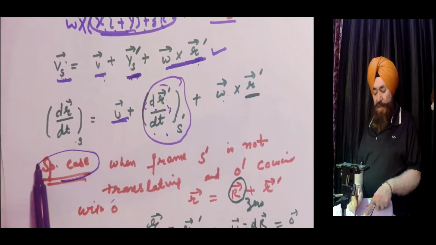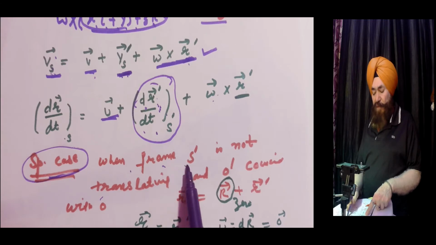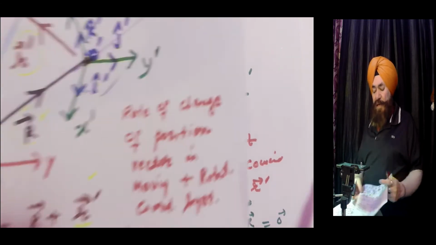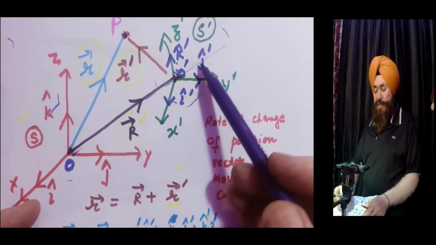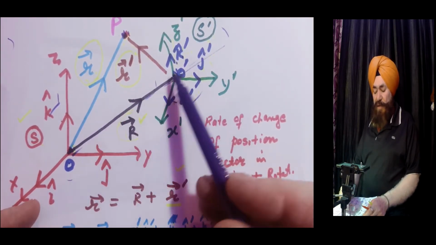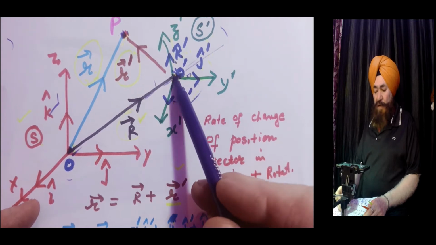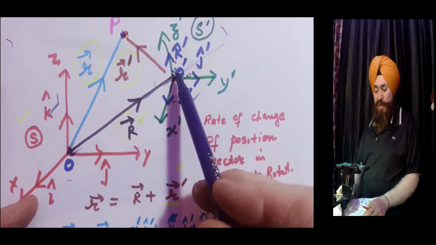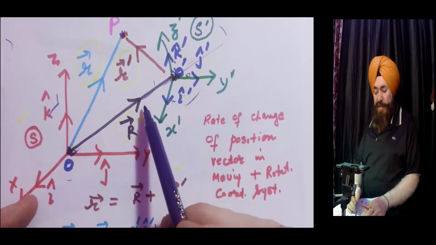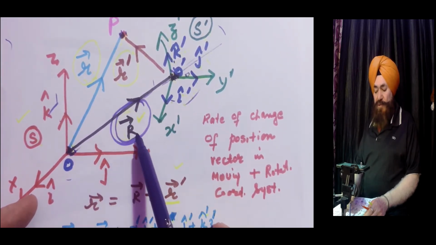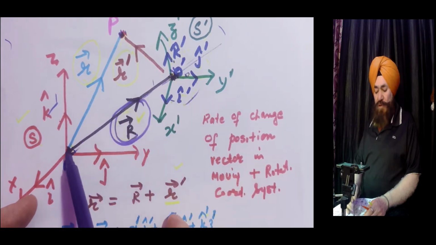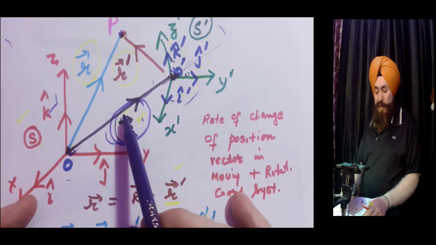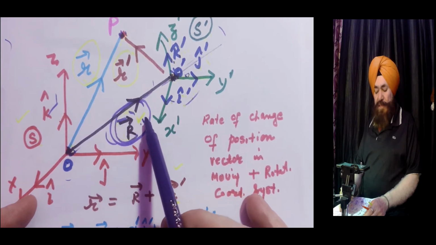Now a special case: when frame S dash is not in translatory motion. We are thinking it is only rotating, and moreover its origin coincides with this origin. When O dash coincides with O, the capital R vector turns out to be 0.